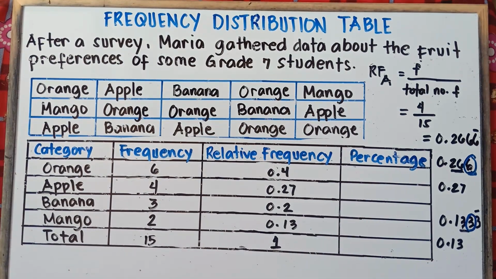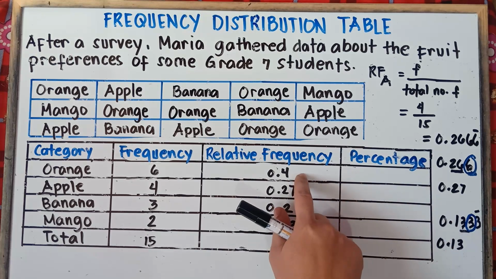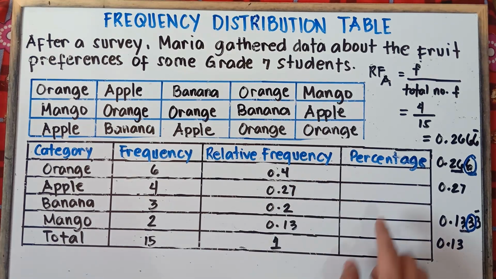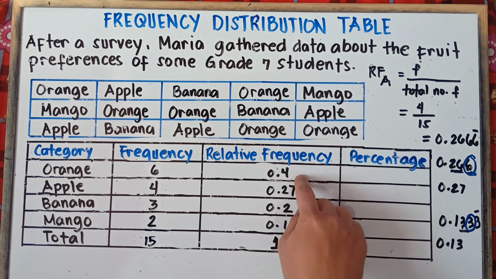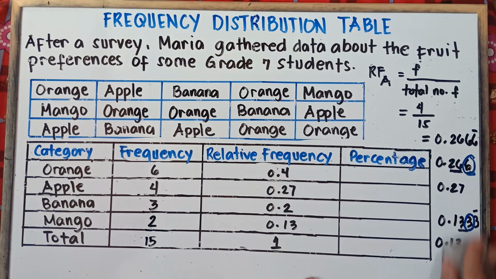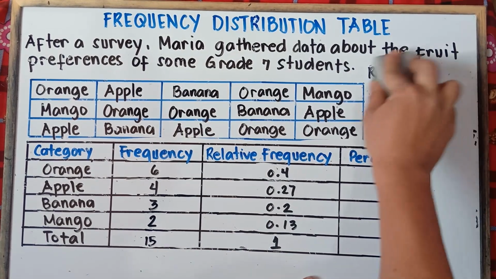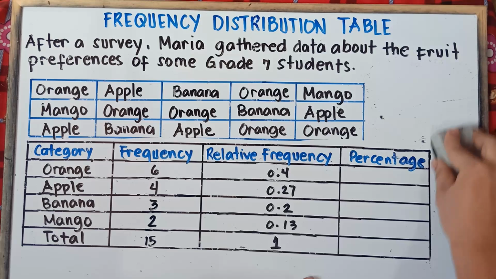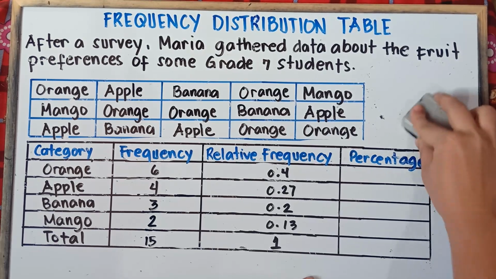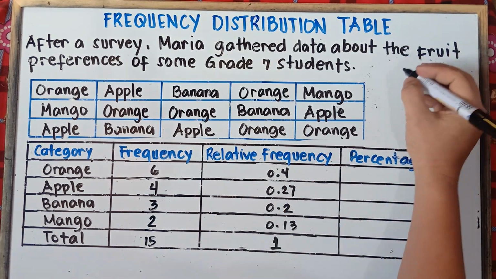Alright, and to get the percentage, simply multiply this one by 100. Once again, class, to get the percentage, simply multiply by 100, or you can move the decimal point from left to right twice. Let's have the solution, class, for you to understand this one. So, to get the percentage, you have two solutions. First solution, you can multiply by 100.